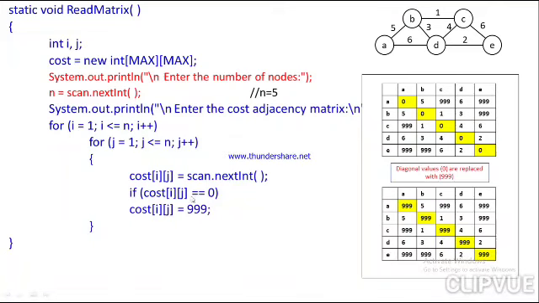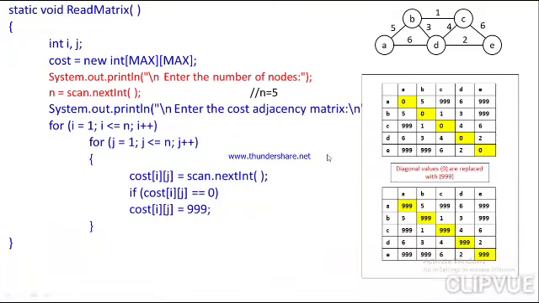So what is the purpose of changing the diagonal elements from 0 to 999? In Kruskal's algorithm, you all know how it works. We will arrange all the edges according to their increasing order of cost, and initially we will consider the edge with the least cost, which will be added to the MST. This will be continued until the number of edges is 1 less than the number of vertices.